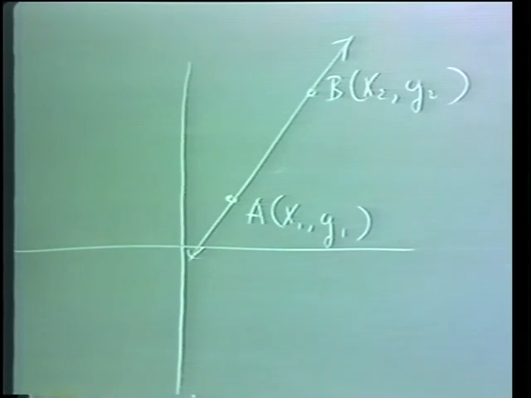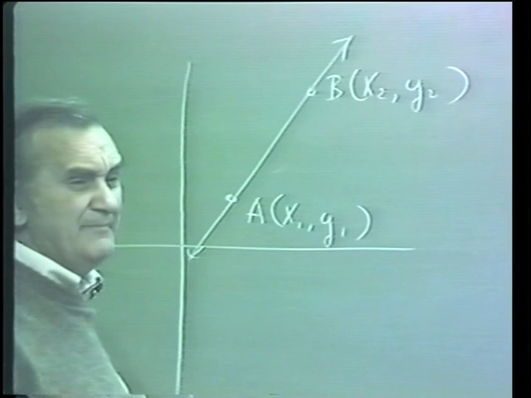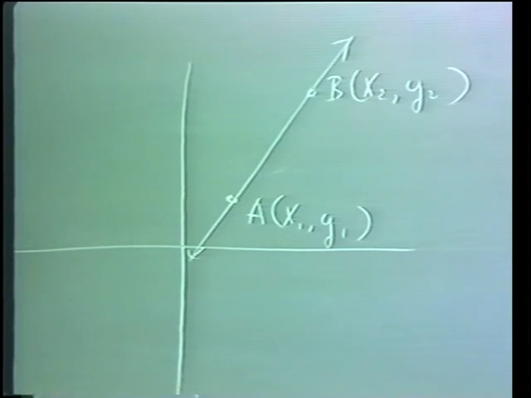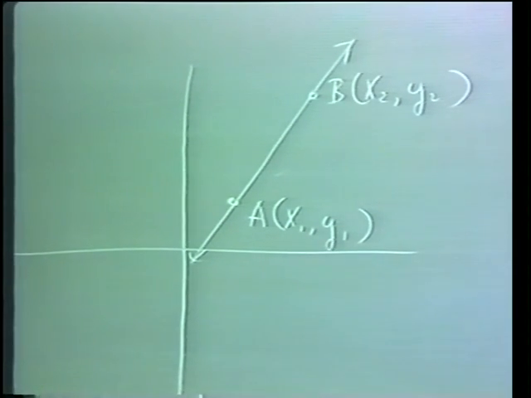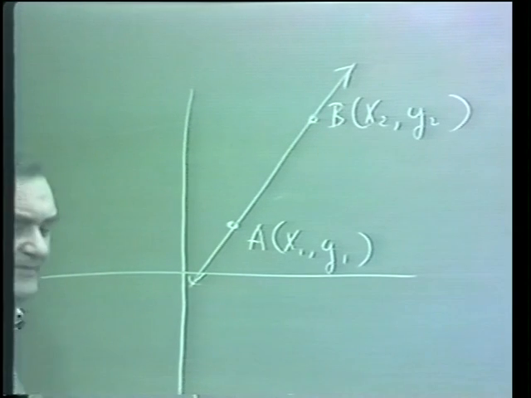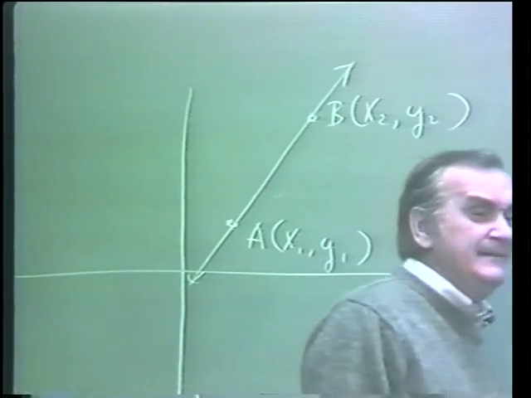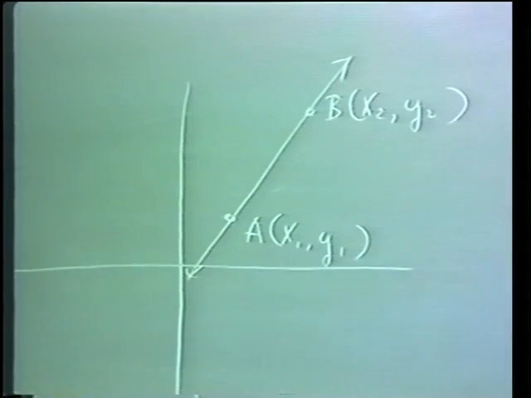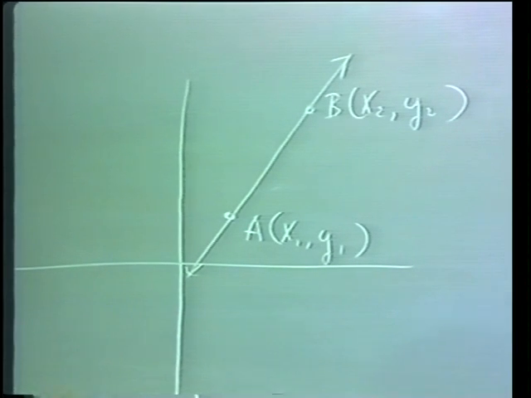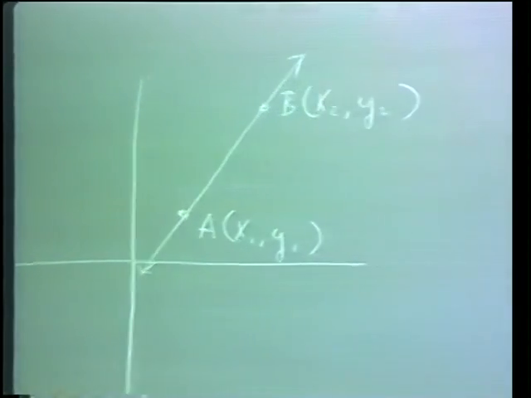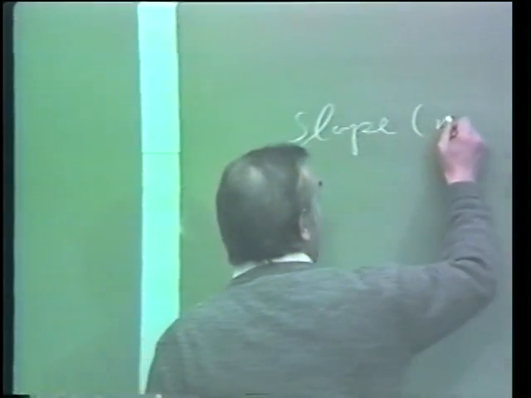Now what we're going to do for the next few days is talk about the characteristics of this line. One of the characteristics this line has is steepness. Now the mathematical term for steepness is slope. And the mathematical symbol for slope is m.